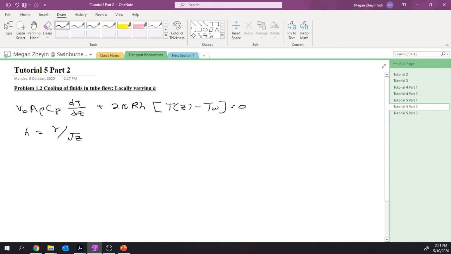So we plug h in, and we get VOA rho Cp dT/dz plus 2 pi r h, which is gamma over this.